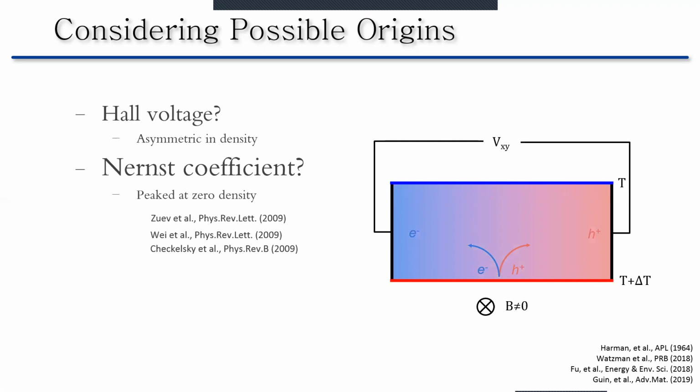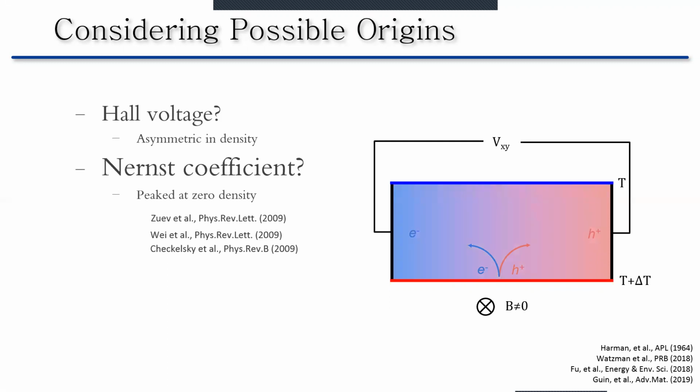And actually, going back several decades, it's known that semi-metals and other compensated systems that have the presence of both electrons and holes often have anomalously large Nernst responses, and this holds true also for graphene at zero density where it's peaked.